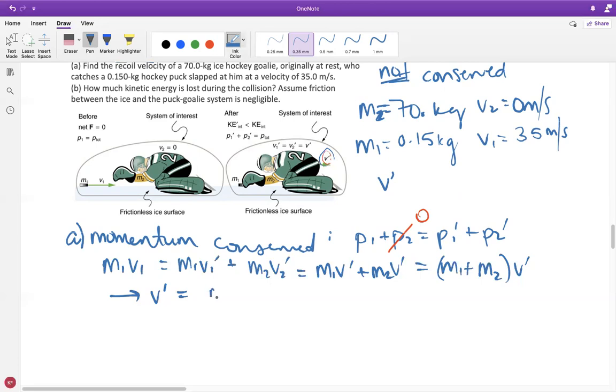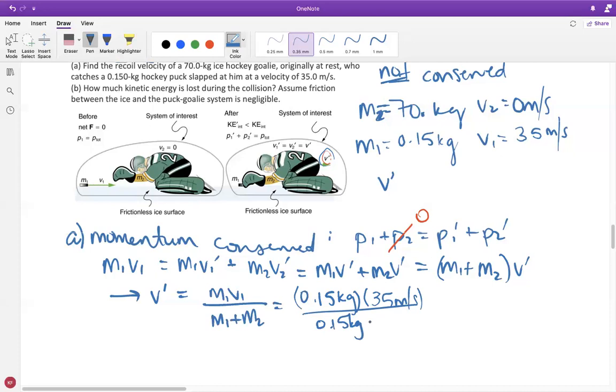That will be M1 V1 over M1 plus M2. So M1 is 0.15 kilograms times V1, which is 35 meters per second, over 0.15 kilograms plus 70 kilograms.